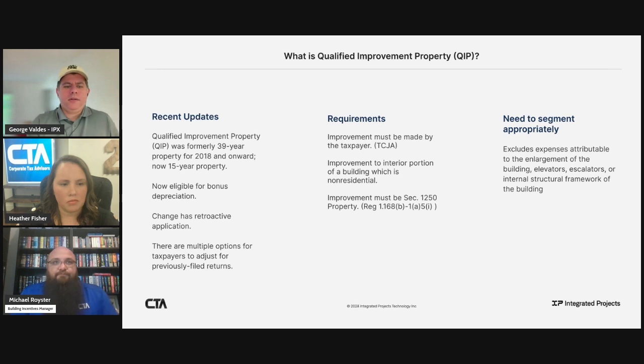So the main thing that people don't realize is the HVAC, any roof replacements, and any fire protection systems that you might have to update. Those that are normally 39-year property, we're now able to move to 15-year and accelerate at an even faster rate.